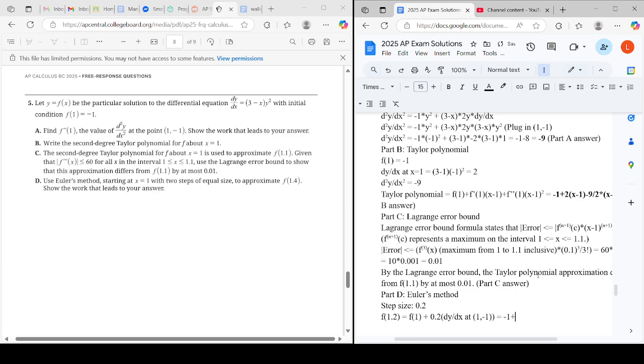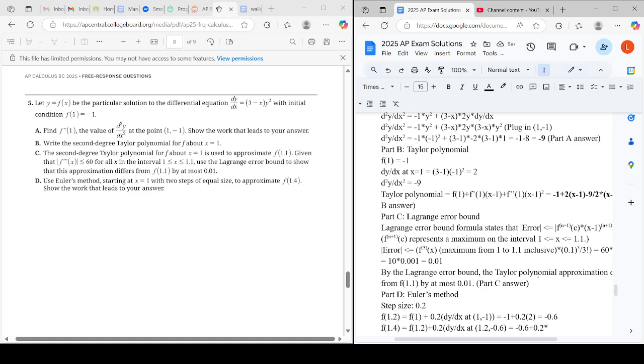So this would be negative 1 plus 0.2 times 2 equals negative 0.6. Well, we're not done yet because we have to do our second step of Euler's method. This would be f of 1.2 plus 0.2 times dy over dx at 1.2, negative 0.6, and that would equal negative 0.6 plus 0.2 times.